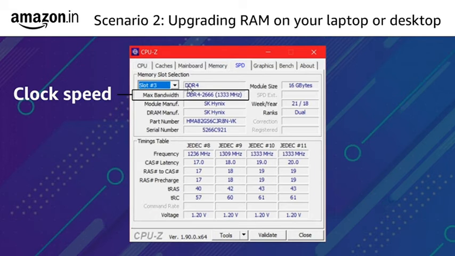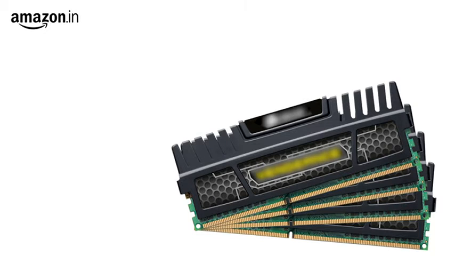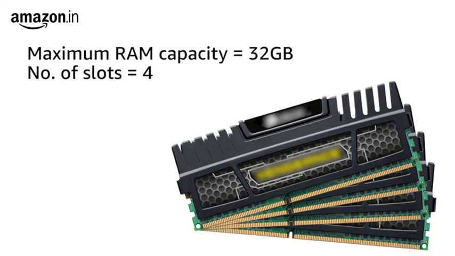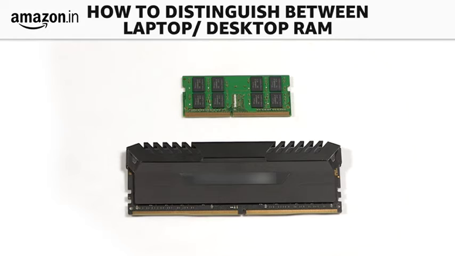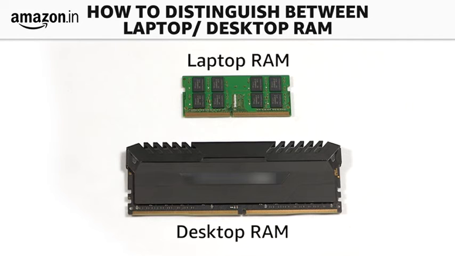Go to the SPD tab, where the current RAM's clock speed would be listed. Now once you have ascertained the top RAM capacity and the number of slots of your laptop or desktop, type of RAM and clock speed, you can decide how much you want to upgrade the RAM to and commence your shopping journey.